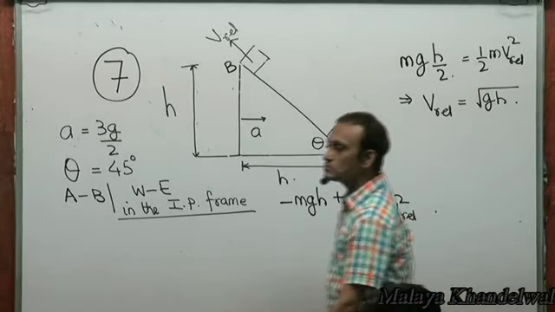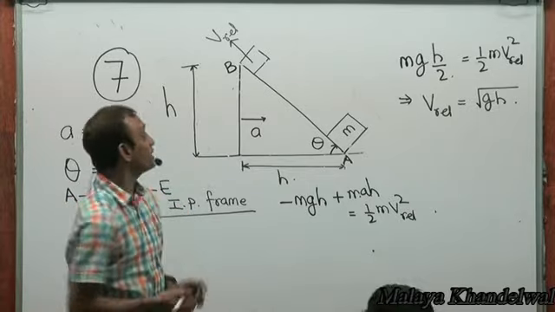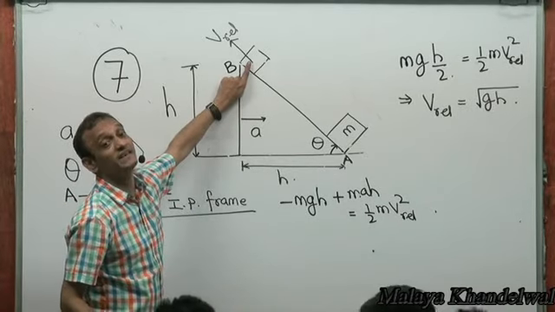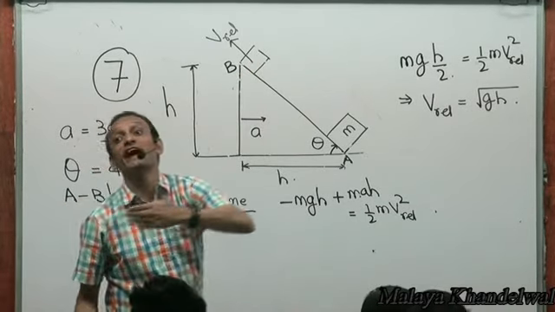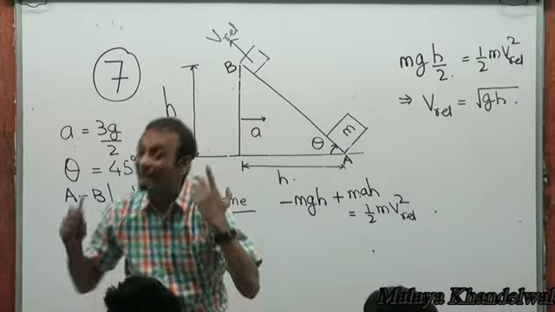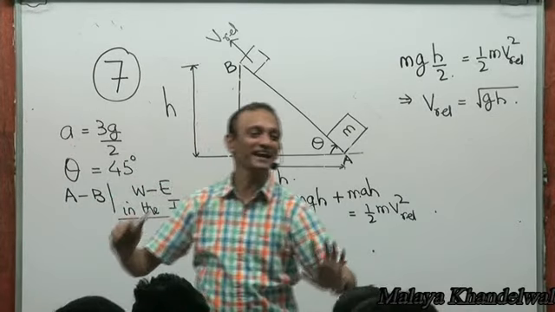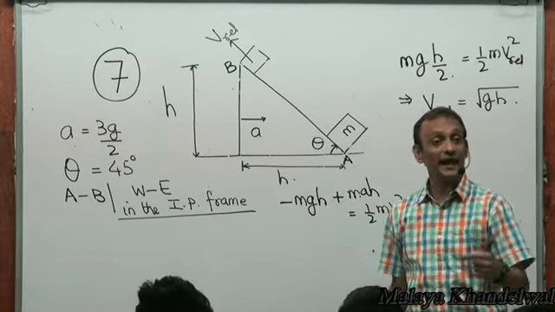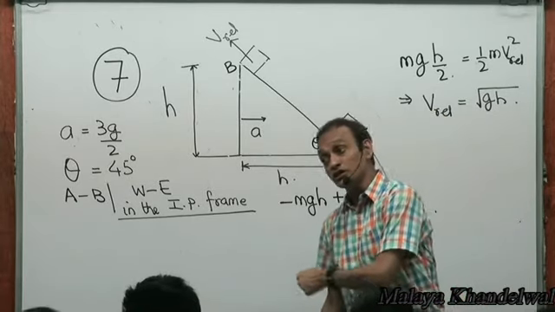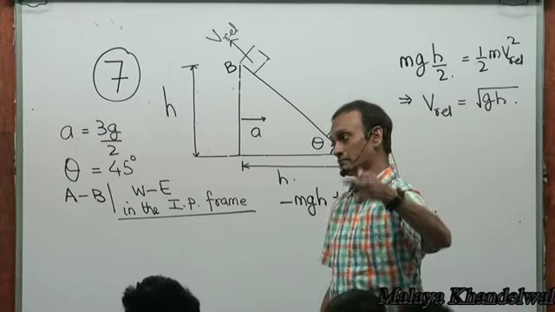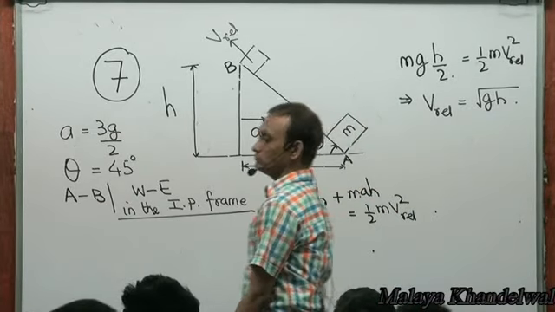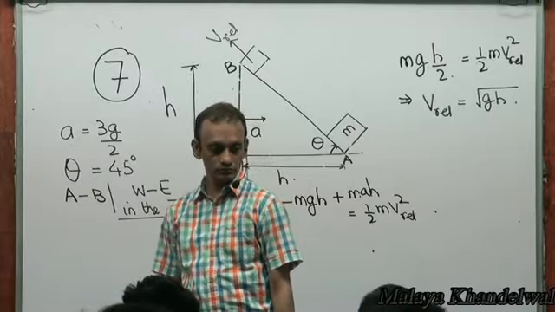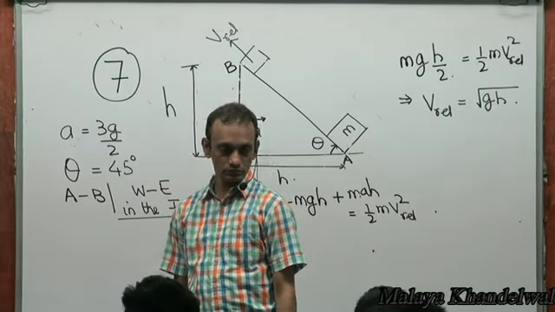Right? That's the velocity of the mass at the instant it's about to detach itself from the inclined plane. Velocity with respect to the inclined plane at an instant when it's about to get detached from the inclined plane. What would happen if I took the ground frame of reference?